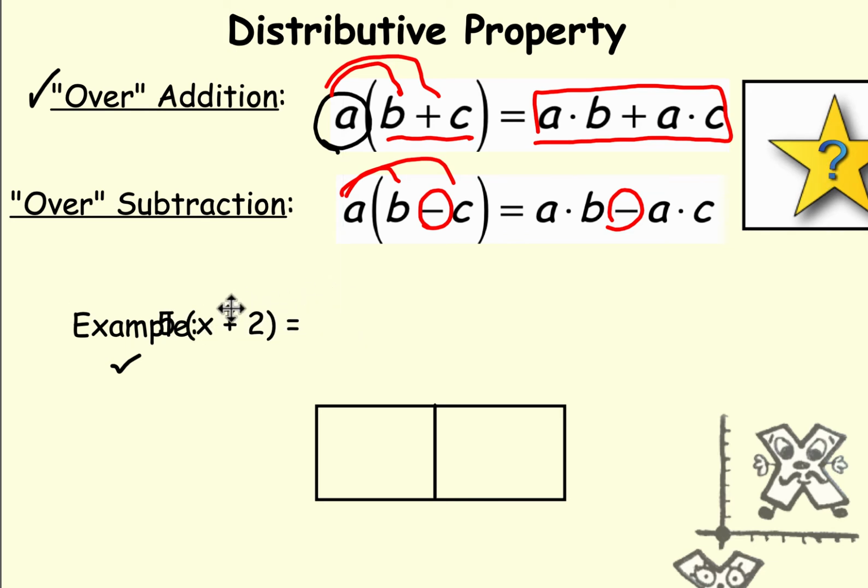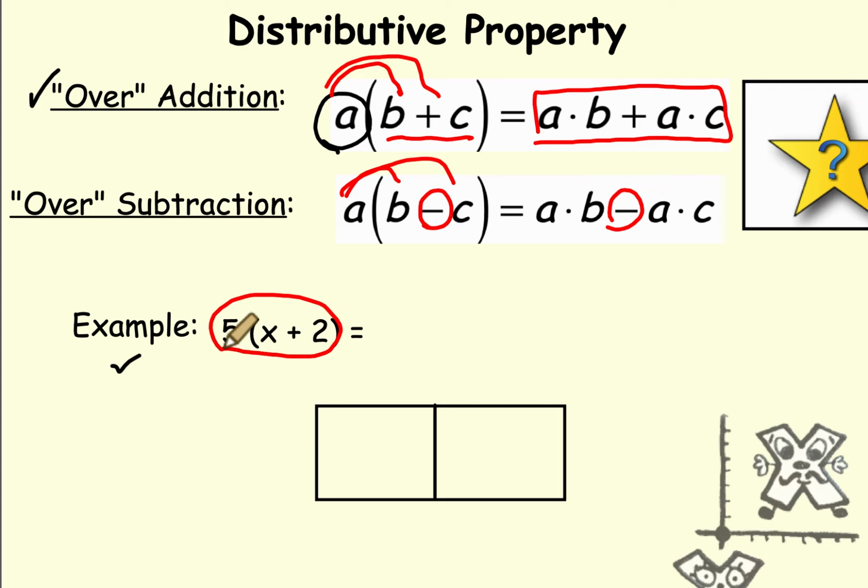Okay, so here we have the expression 5 times the sum of x plus 2. I can look at this like a model, an area model specifically.